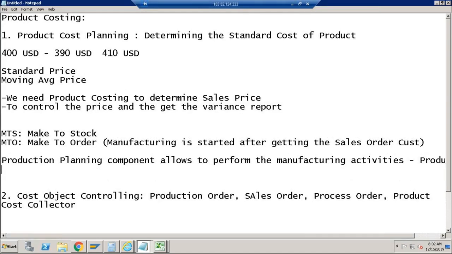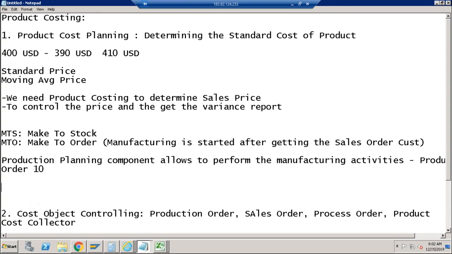Whenever you want to start manufacturing of a particular material, you need to create a production order. Now, as soon as you create this production order, you already know the standard cost of this material is 400. Let's say in this production order, there are 10 laptops. What should be the planned cost of this complete production order?